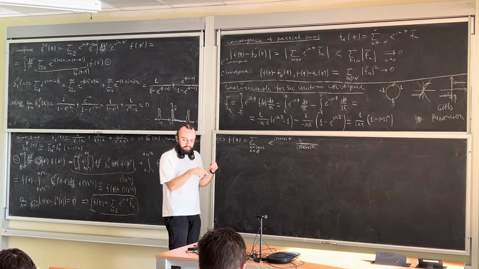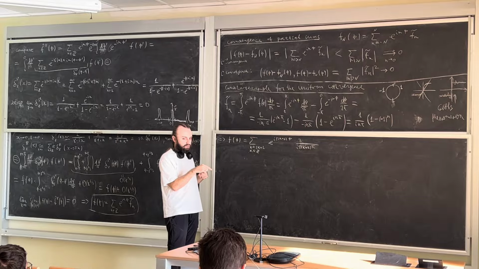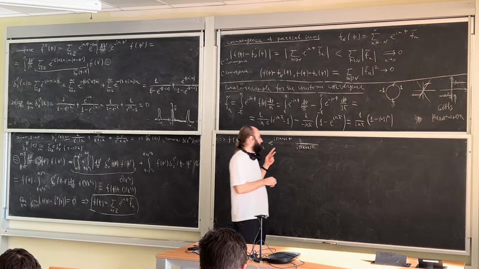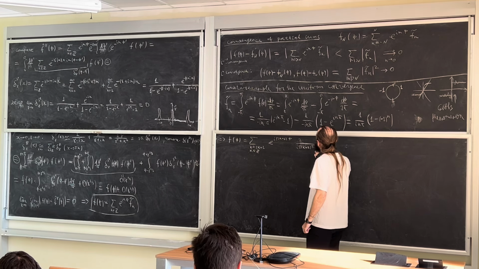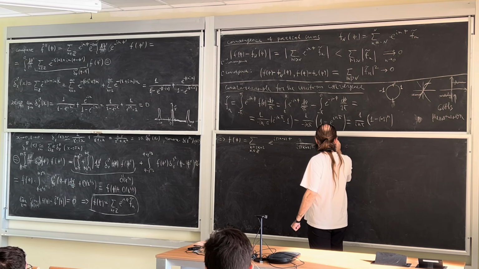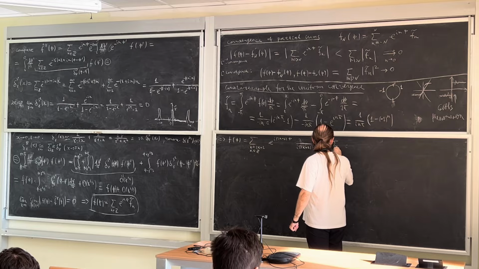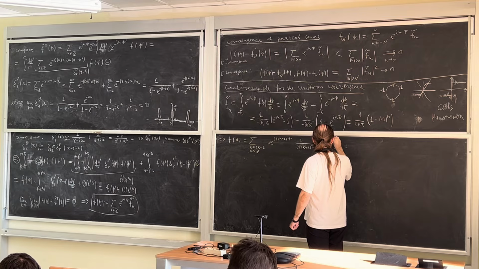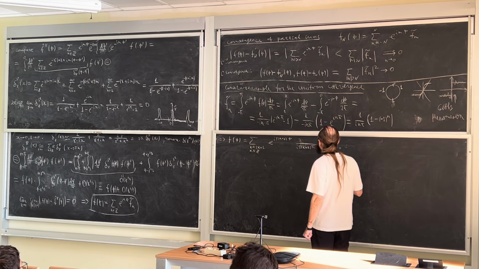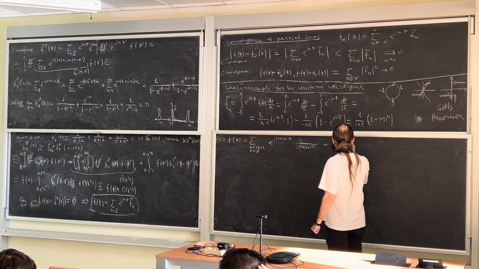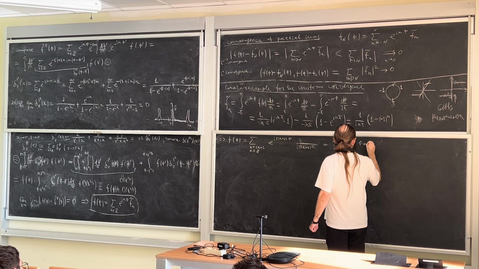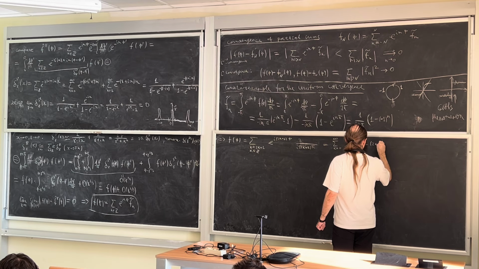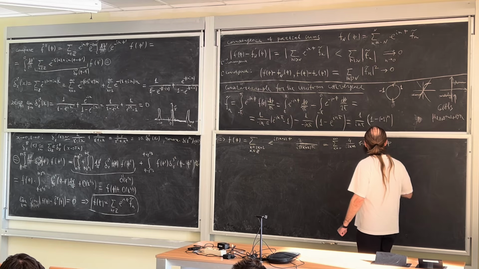And now we can combine the positive and negative parts of the sum into a single sine. So it equals the sum from k equals 0 to infinity of 4 over 2k plus 1 pi times sine of 2k plus 1 phi.